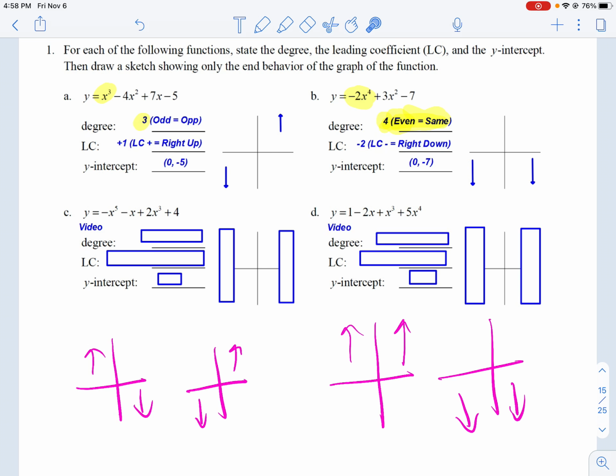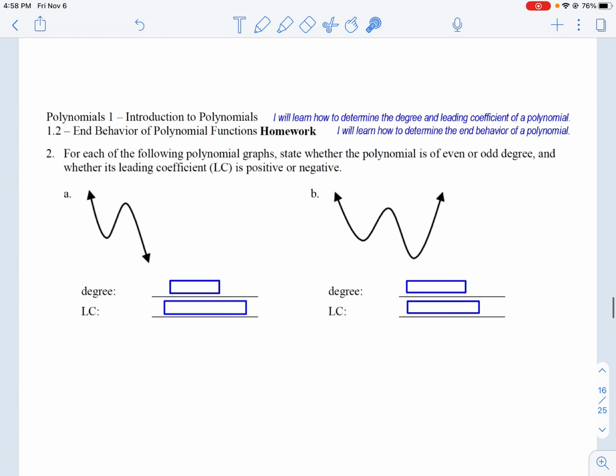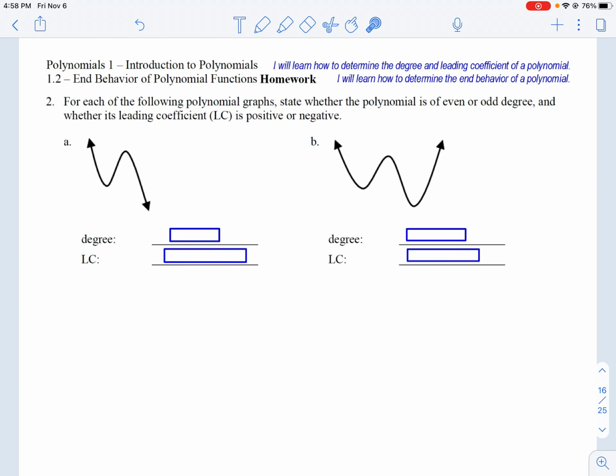Okay? And hopefully you can do the rest of them. And in here, I'll just give you an example. For each of the following polynomial graphs, state whether the polynomial is even or odd degree and whether its leading coefficient is positive or negative. Okay, first, is it in the same direction or opposite direction?